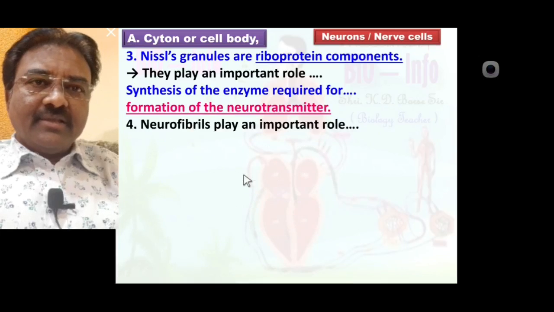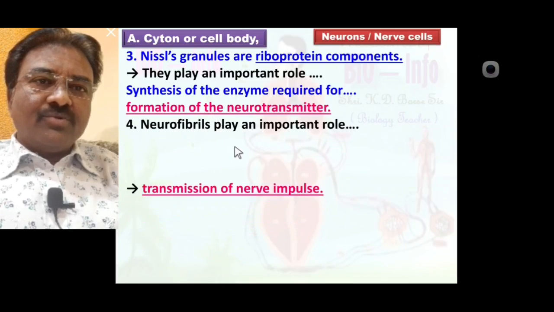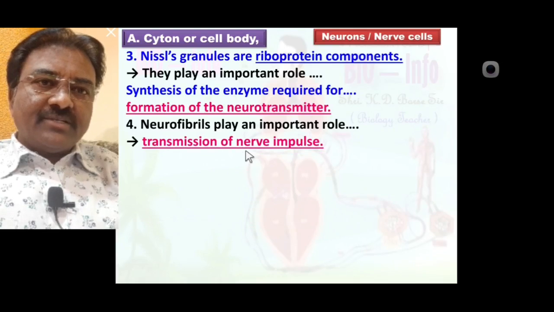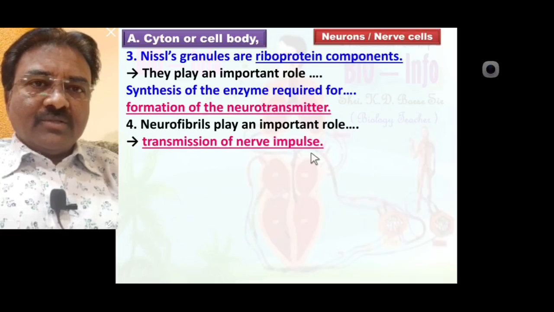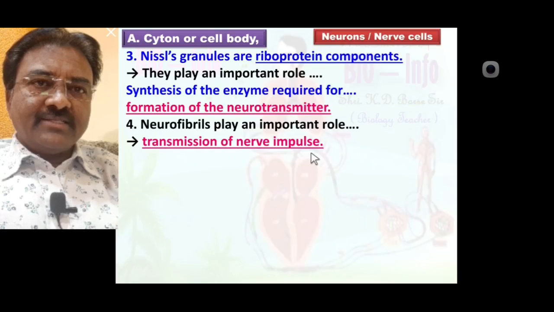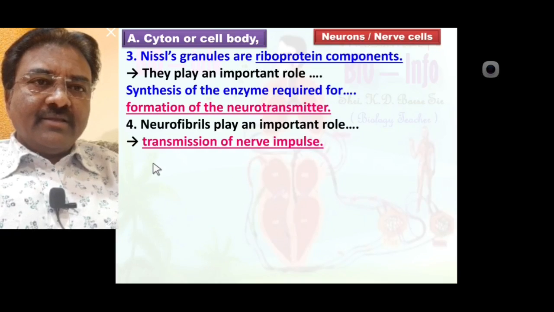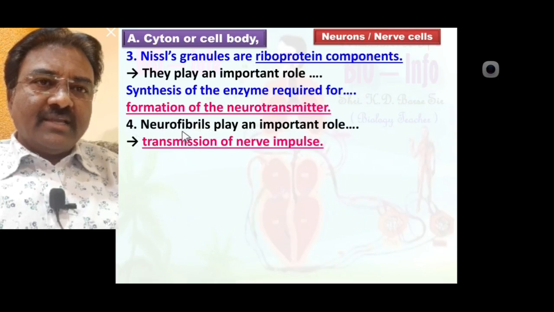Number 4, neurofibrils are also present in the cyton, and play an important role in transmission of nerve impulses. Neurofibrils as well as Nissl's granules are most important, because nerve impulse transmission is also a most important process, and such nerve impulse transmission is done by neurotransmitter.